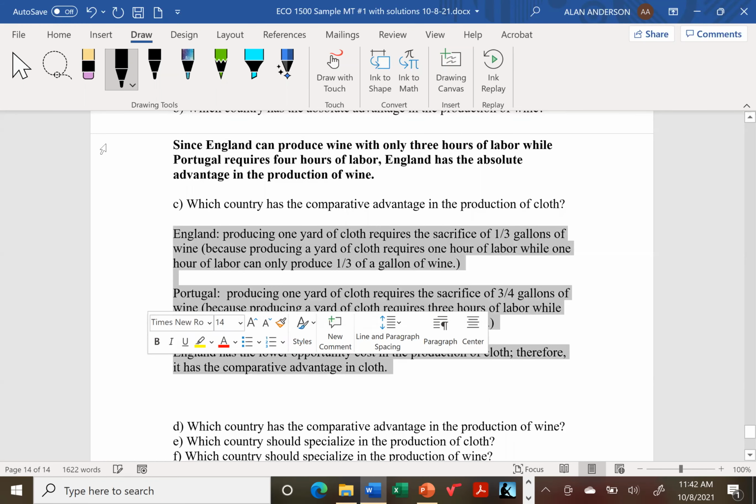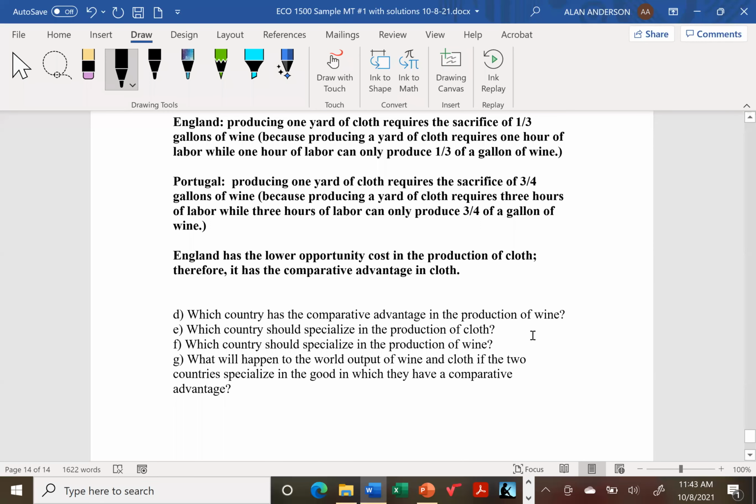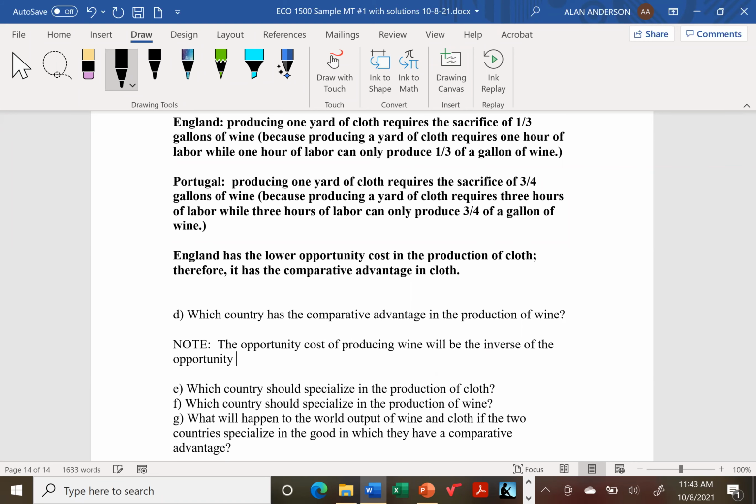Now, I'm going to give you a helpful hint here. Note, the opportunity costs for producing wine will be the inverse of the opportunity cost of producing cloth.